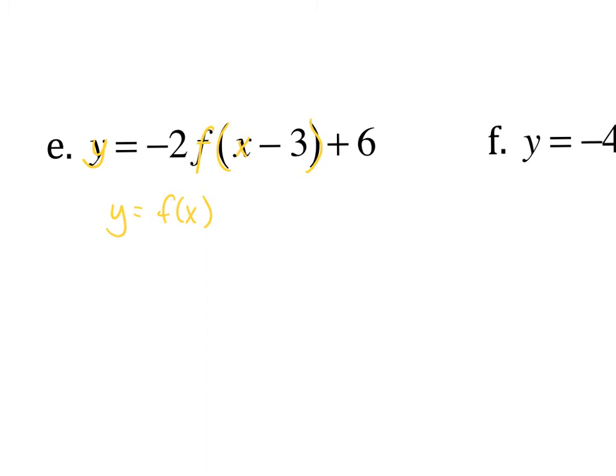Next, I need to start interpreting what's happening here. The negative means it's going to be a vertical reflection. On top of that, the 2 here means I am also going to vertically stretch it by a factor of 2.